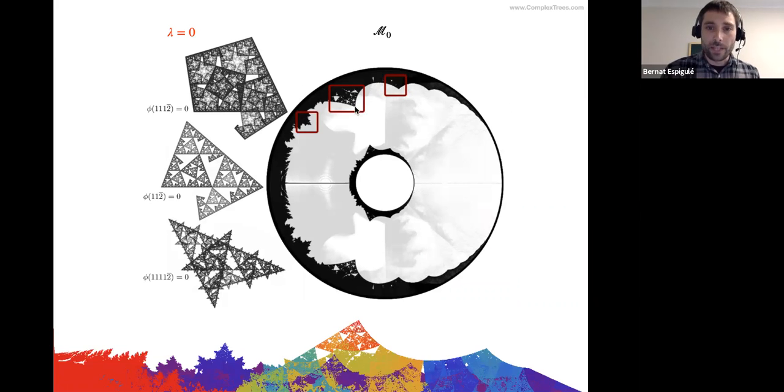So that happens for all these black regions, and the elements when you take them, for example, this one, you get this asymptotic similarity in a way that it happens also with the Mandelbrot set, but here we're not seeing period doubling. The behavior is very simple.